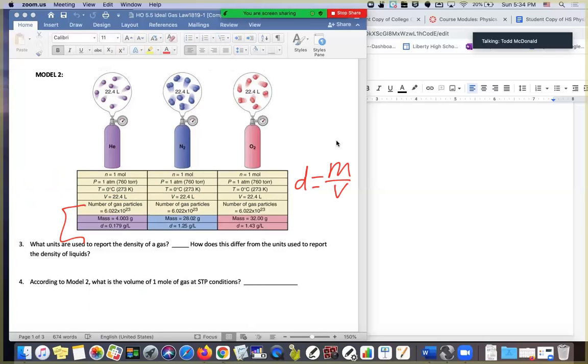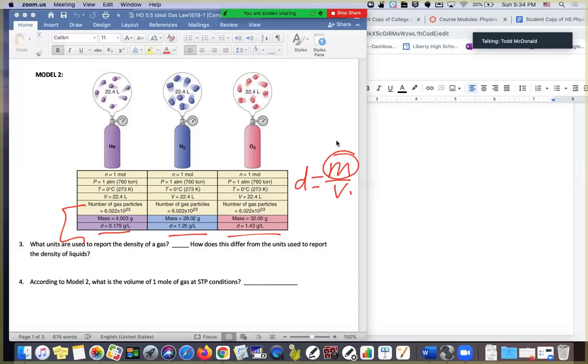And notice here, even though we just talked about how all of these gases have the same number of moles, pressure, temperature, and volume, what you're going to notice is that their densities are different, okay? Well, how could that be true? If they have the same volume, 22.4 liters, how in the world would their densities be different? Well, think about what's in the equation. If their volume's all the same, it must be that our masses are different.